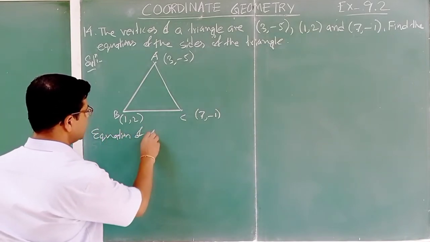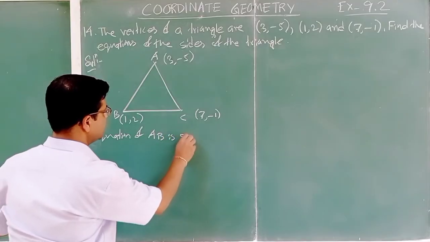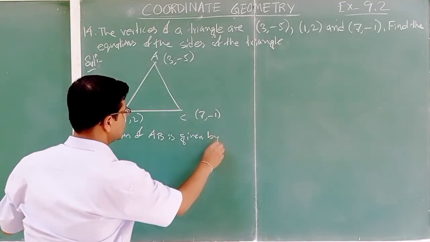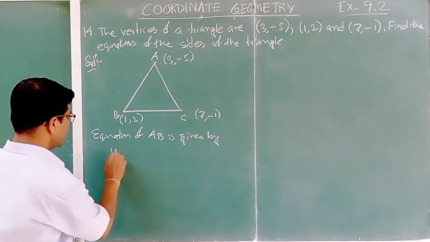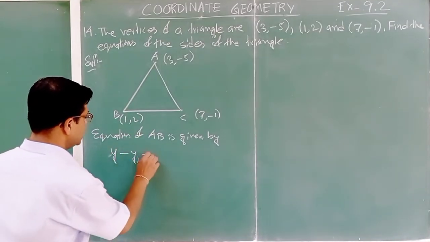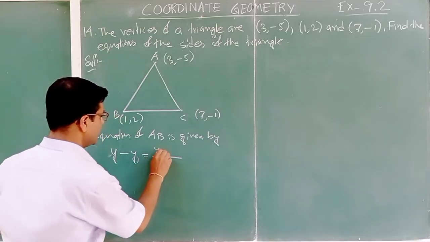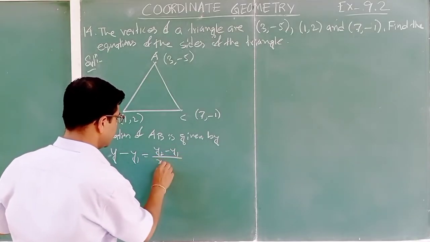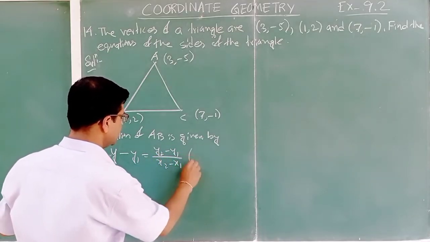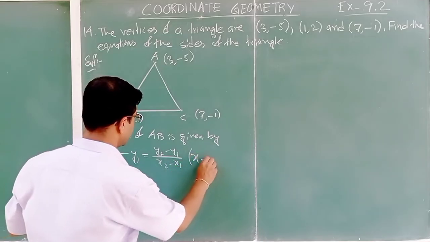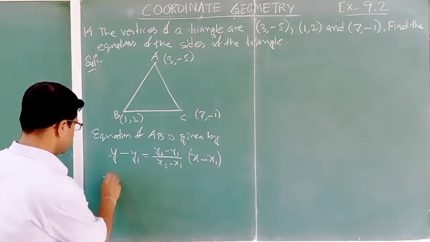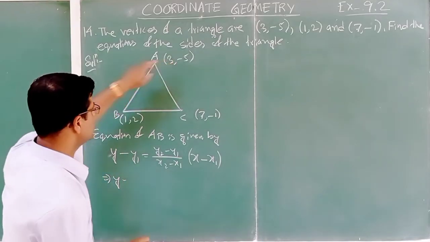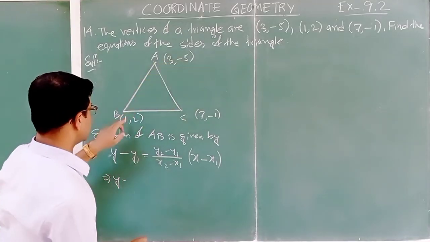of straight line AB. If the coordinates of 2 points are given, how do we write? y minus y1 equals the slope, is it not? y2 minus y1 over x2 minus x1, times x minus x1. In this way we know it, is it not? So y minus y1, suppose this is x1 y1, x2 y2.